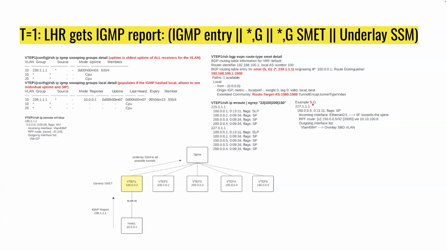So whenever any encapsulated feed comes onto this group, or the feed that is coming with the group as 227.111, we have to send it to the SBD VLAN. That's what this (S,G) says. And if you see the (S,G)s for all these groups, they would look similar to this, where the OIL would be 4094.